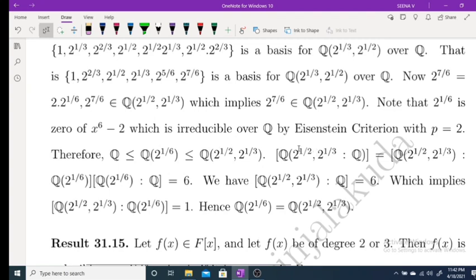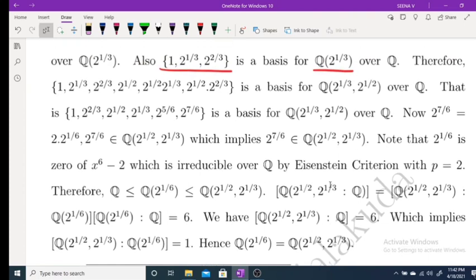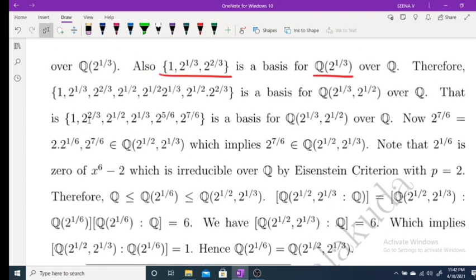Okay, therefore the degree of Q(2^(1/2), 2^(1/3)) over Q equals the degree of Q(2^(1/2), 2^(1/3)) over Q(2^(1/6)) into the degree of Q(2^(1/6)) over Q. Now Q(2^(1/6)) over Q is 6, and Q(2^(1/2), 2^(1/3)) over Q is 6, because 1, 2, 3, 4, 5, 6.